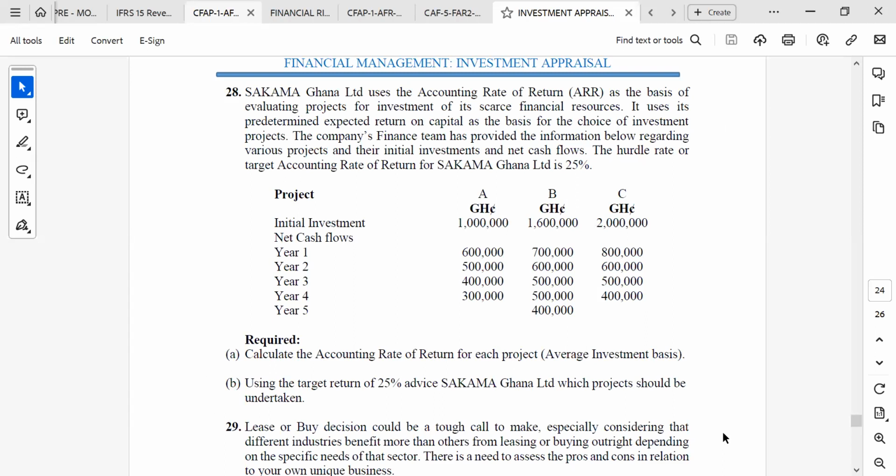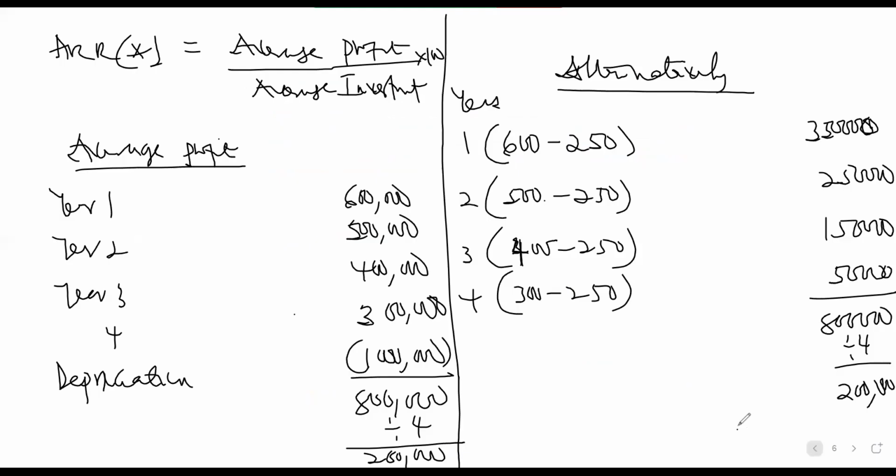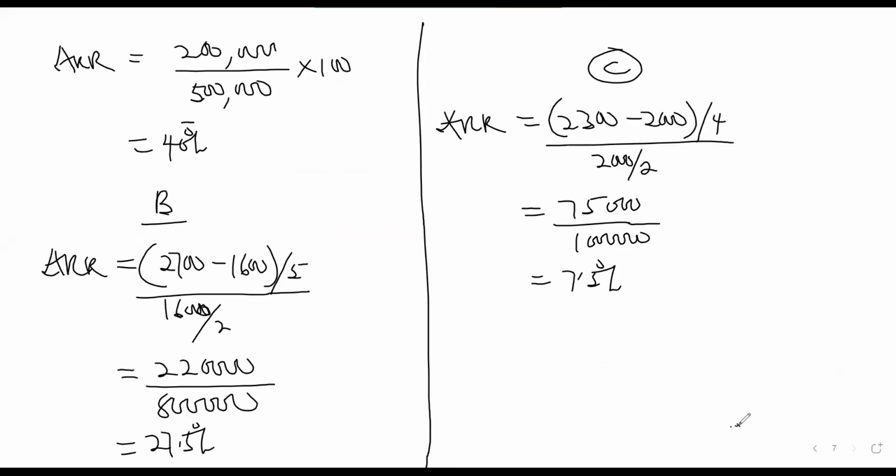So using the target return of 25%, advise Akama Ghana Limited which project should be undertaken. The target rate is 25%. You can see that the first one is giving us a return of 40%, isn't it?